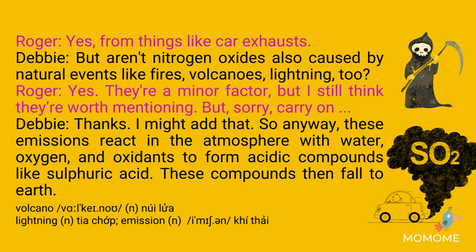But aren't nitrogen oxides also caused by natural events like fires, volcanoes, lightning too? Yes, they're a minor factor, but I still think they're worth mentioning. But, sorry, carry on. Thanks. I might add that. So, anyway, these emissions react in the atmosphere with water, oxygen and oxidants to form acidic compounds like sulfuric acid. These compounds then fall to Earth.